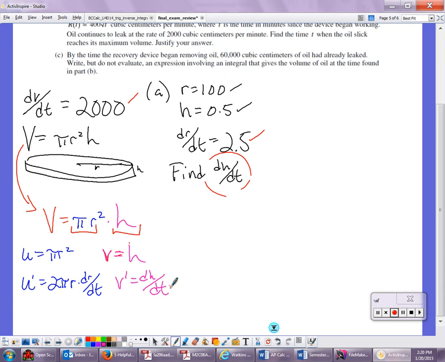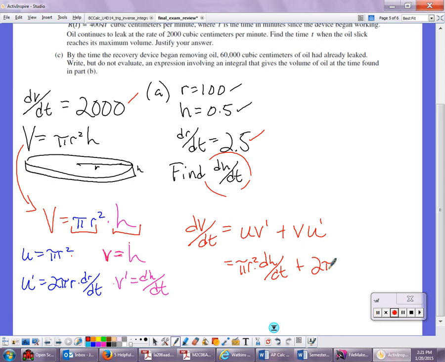Now, what does the product rule say? The product rule says dV/dt is going to be u v prime plus v u prime. So we get u v prime, pi r squared dh/dt, plus v u prime, so h times 2 pi r dr/dt.